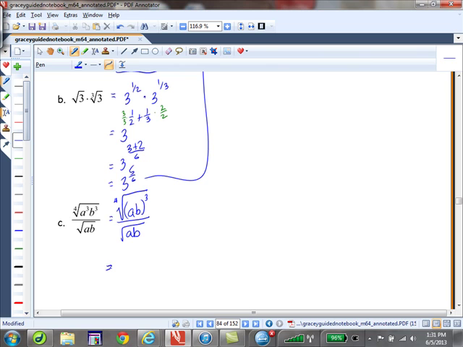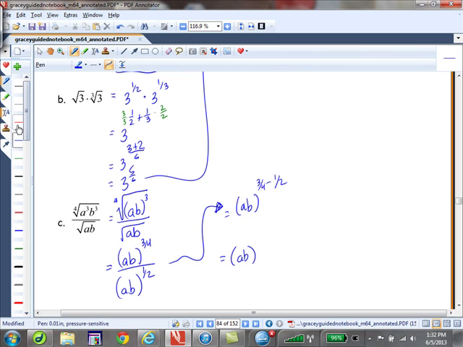So we will have ab to the 3/4 divided by ab to the 1/2. We have the same base of ab, so we can say that that's the same as ab to the 3/4 minus 1/2.